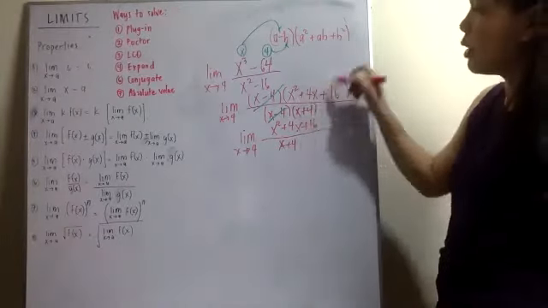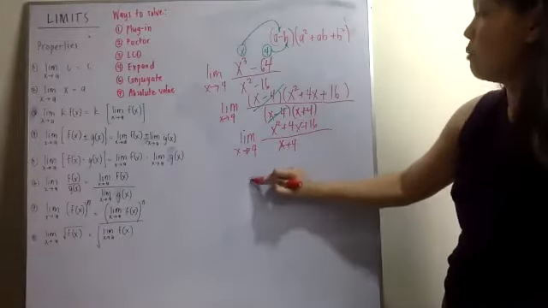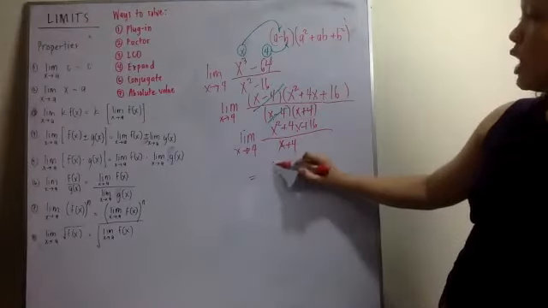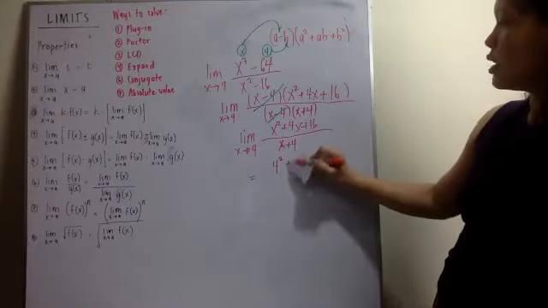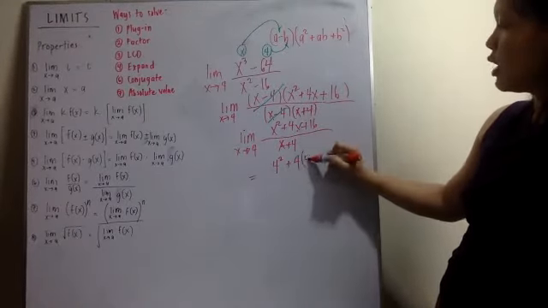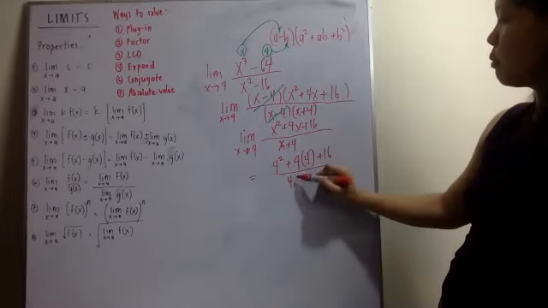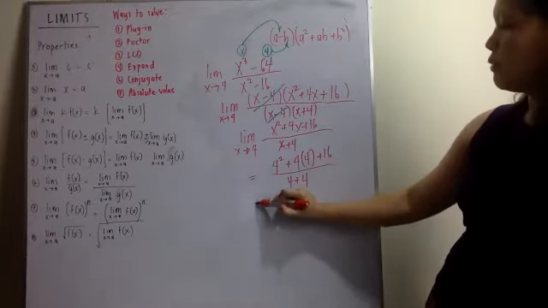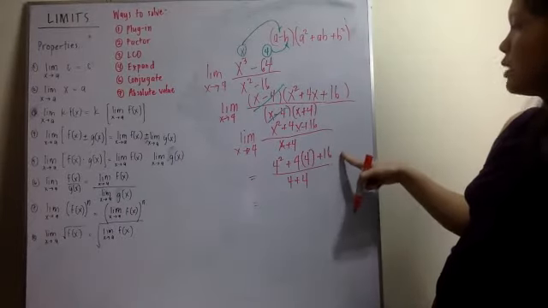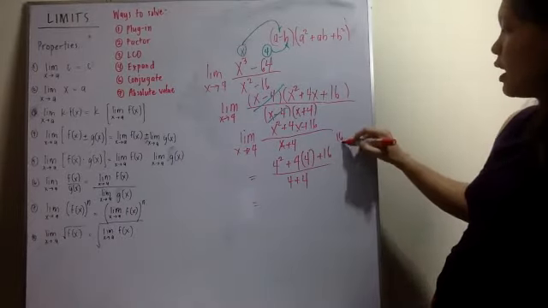Pag nakita nyo ito, mag-plug in na kayo agad para save ng time. Okay? This is equal to 4 squared plus 4 times 4, plus 16 over 4 plus 4. Okay, 16 times 3, kumbaga.